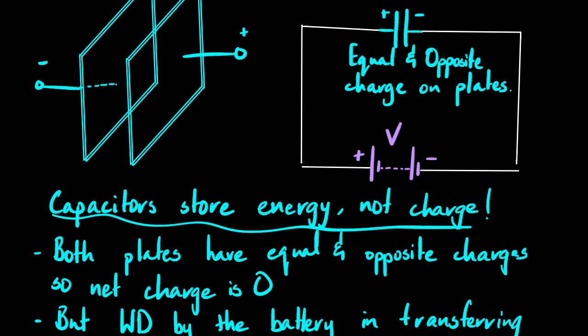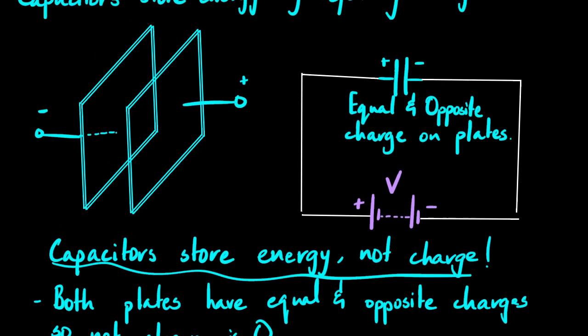So this goes on until whatever this EMF is starts to appear totally between these two plates. So when the voltage across these plates also becomes equal to V is when the charging of this capacitor stops.